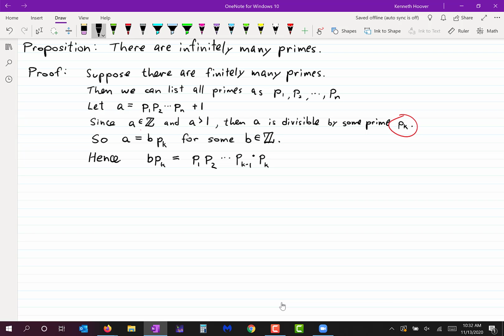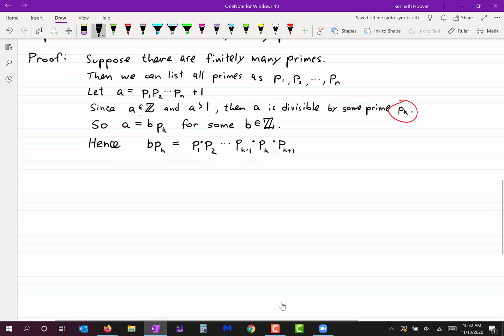Which prime number would come right after pk would be pk plus 1. And then the list continues until it gets to the end, pn. Okay, so here's A, and here's A. So those two things must equal each other. Now, divide both sides by pk.